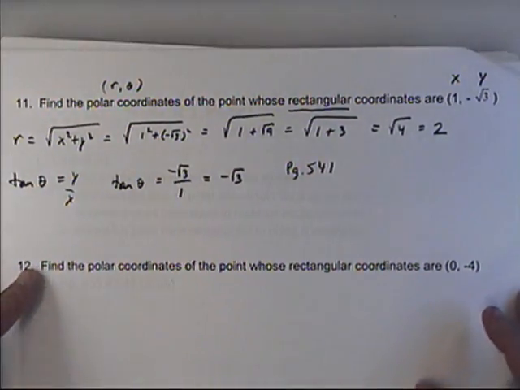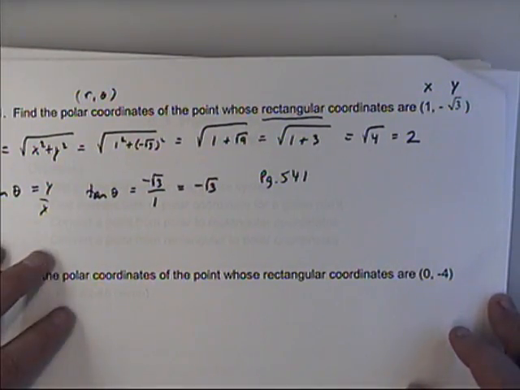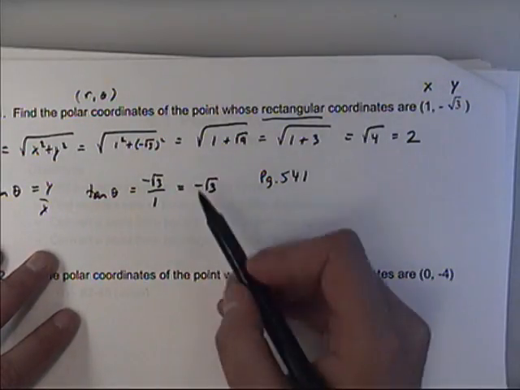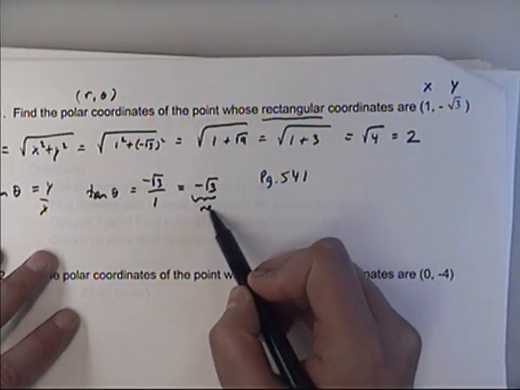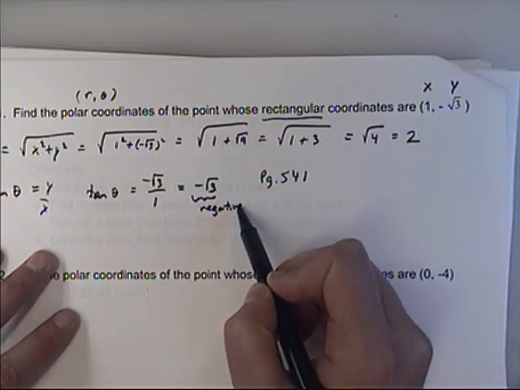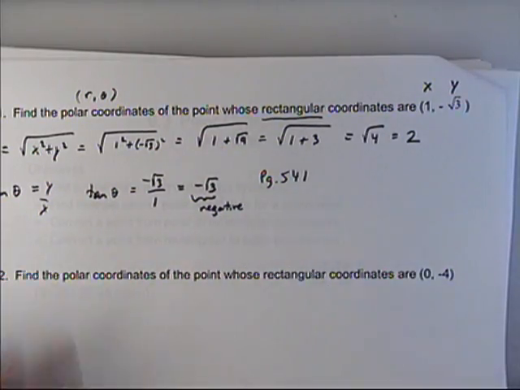Now, are we actually in the first quadrant? No, because tangent is a negative number. So actually, let's go to that page 541. Okay, I think it actually gives you an answer that is negative pi over 3. So they give you a fourth quadrant angle.